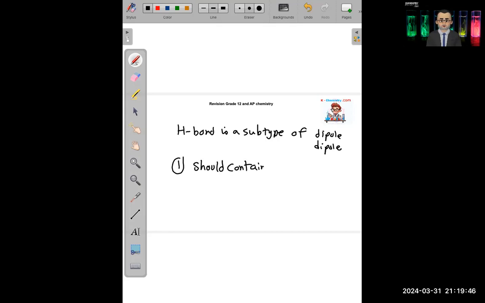molecule should contain a hydrogen atom. It should also contain, in the neighboring molecule, a fluorine atom or nitrogen atom, only one of them, not all of them. If it's all, it's okay. If two of them, it's okay, but there should be at least one of them, not necessary to have more.